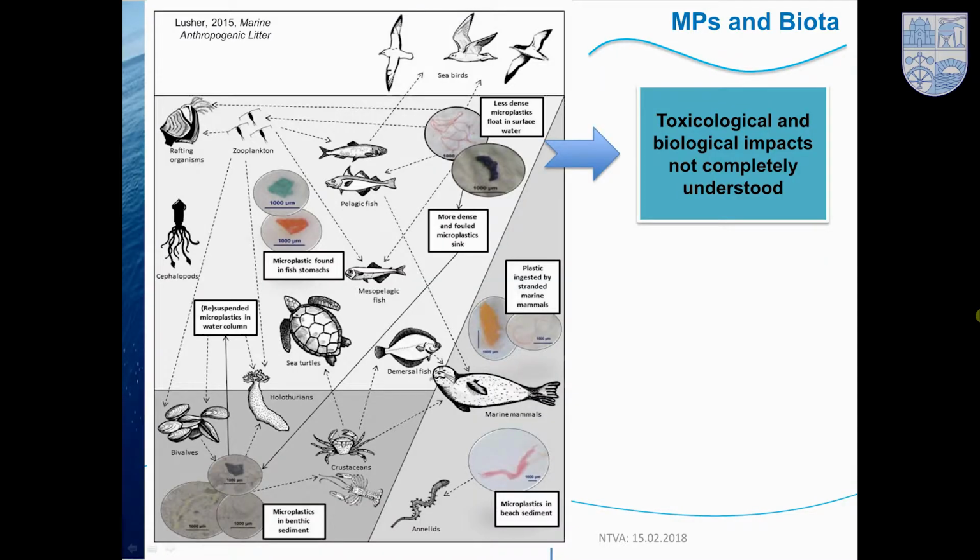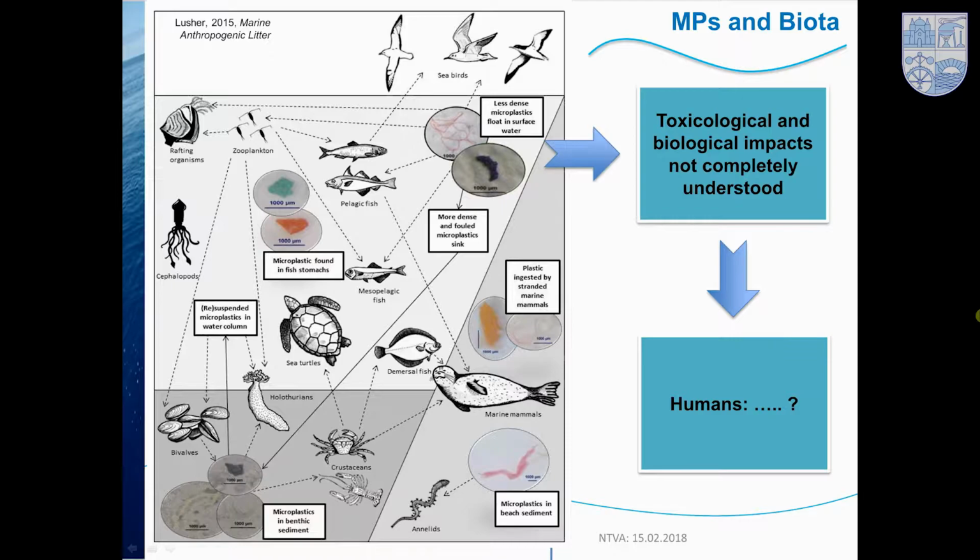So as we just heard, microplastics have been found throughout the environment and ingested by different animals, and the toxicological and biological implications of microplastic ingestion or exposure are not completely understood. We have started investigating, and there's ongoing research, but we really haven't got that much information in regards to biota.